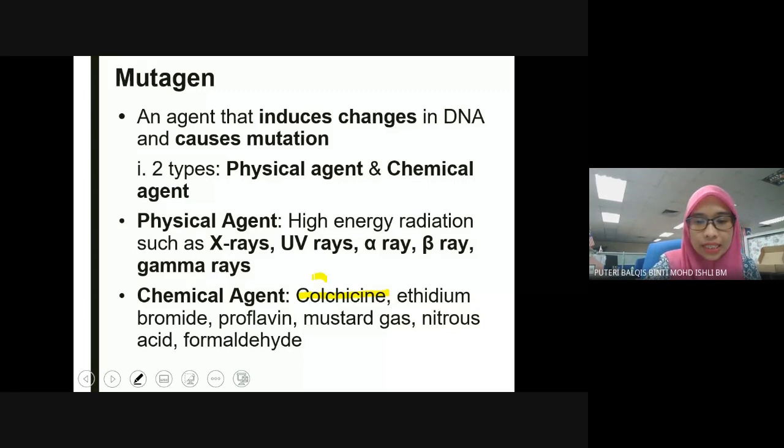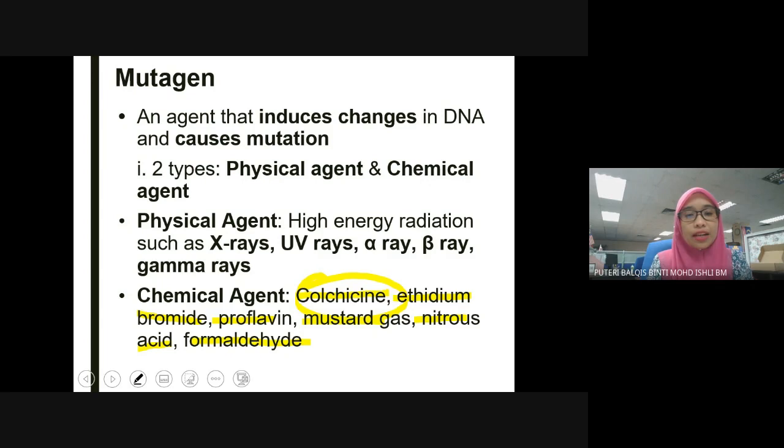Soalan pernah tanya, colchicine ni buat apa? It will inhibit spindle fiber formation. Okay. Example of other chemical agent is ethidium bromide, proflavin, mustard gas, nitrous acid, formaldehyde. Okay, ada banyak. Ingat 2 atau 3 pun dah cukup. Tak payah ingat banyak-banyak. Saya ingat colchicine. Alright. And that is mutagen.